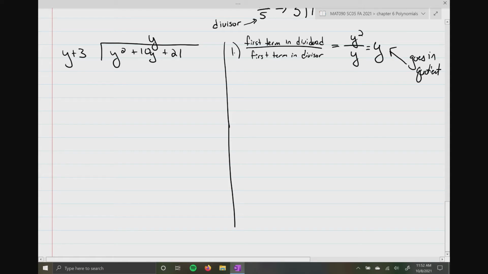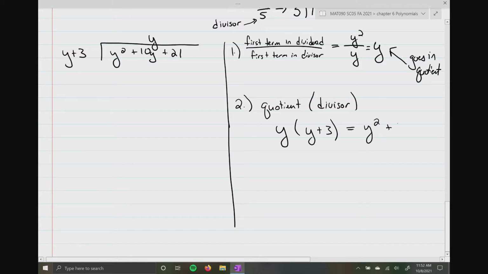All right, here's step two. Step two, we're going to take the quotient times the divisor. So underneath, I'm going to write y times y plus 3. And that's going to equal y to the second plus 3y.